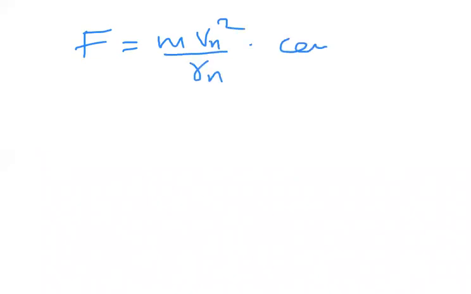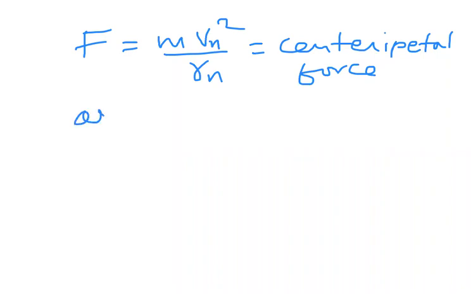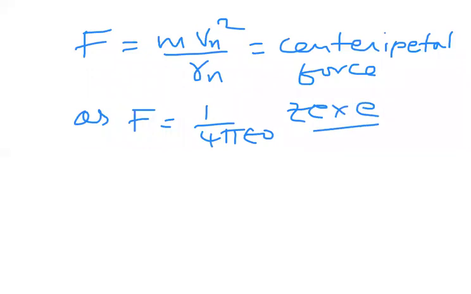Now let us observe. F is equal to mvn square by Rn. This is the formula for centripetal force, the force acting toward the center when a body is moving along a circle. From this information, F is equal to, as we just wrote, 1 by 4 pi epsilon naught Ze into e by Rn square.